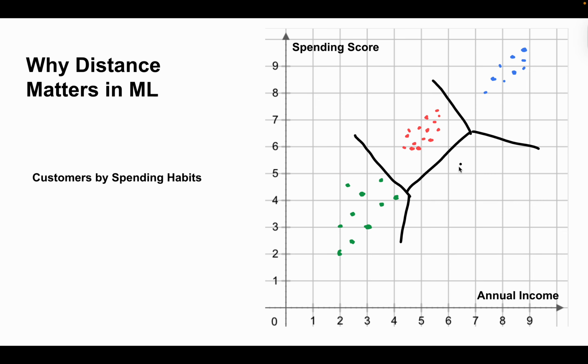So machine learning uses these distances to group people. That's called clustering, and we'll be learning different clustering algorithms as well. And there's a recommendation system. For example, if a company wants to promote certain products, they may choose to promote these products only to people who have the highest annual income. So that's how distance is used in machine learning.